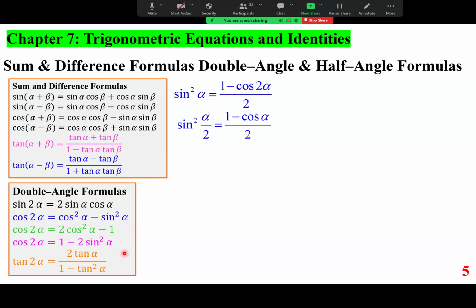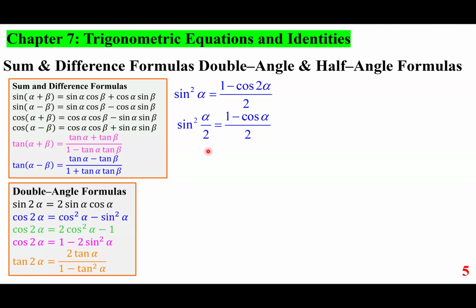Now, from here, we can calculate the sine squared, and we get 1 minus cosine 2 alpha over 2, and this would be the sine squared of the half angle. So cut this in half, this becomes alpha.